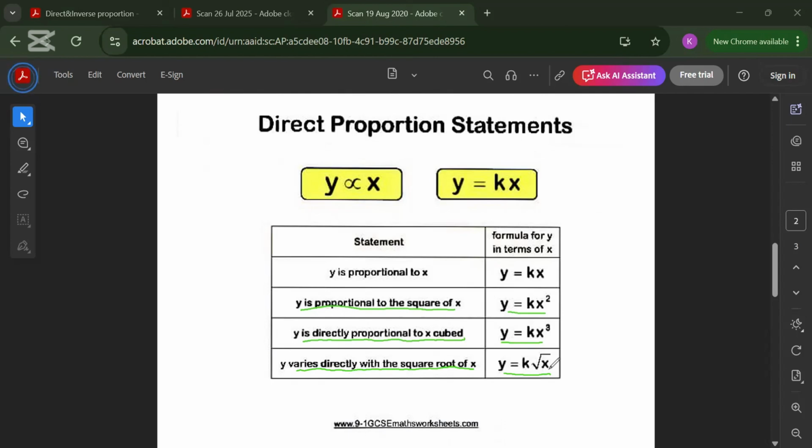Students also get confused when they see the words y varies directly with the square, which is again one and the same thing. These four statements tell us how to make the formula, and also what vocabulary can be used in the questions. So this must be clear to us. Okay, let's move to the next one.